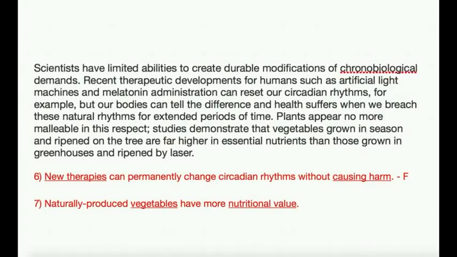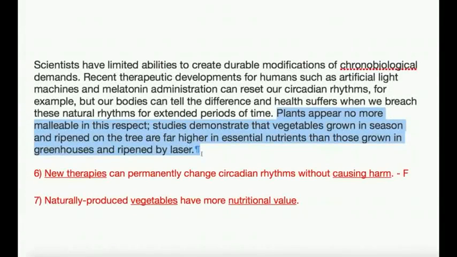Now we'll look at the final one, 7. Naturally produced vegetables have more nutritional value. Now we know the answer to that one is here. Plants appear no more malleable in this respect. Malleable means something can be influenced or changed. So there's nothing about change here, so it doesn't appear connected to that, so it looks like it could be here.